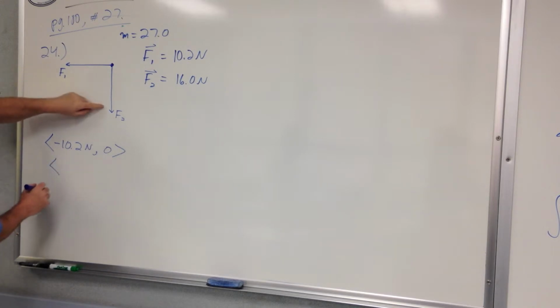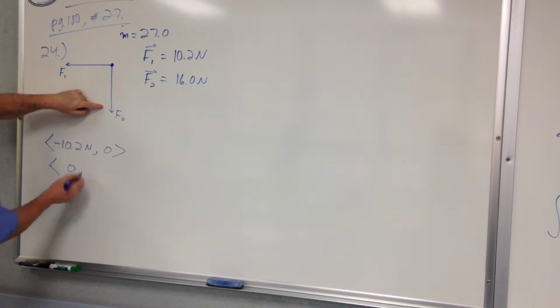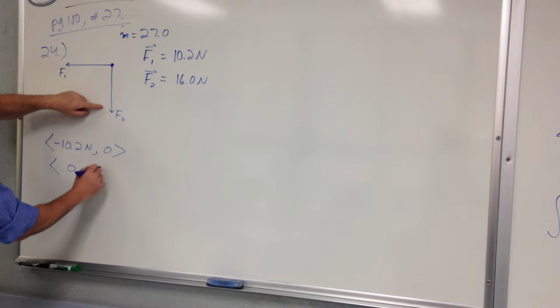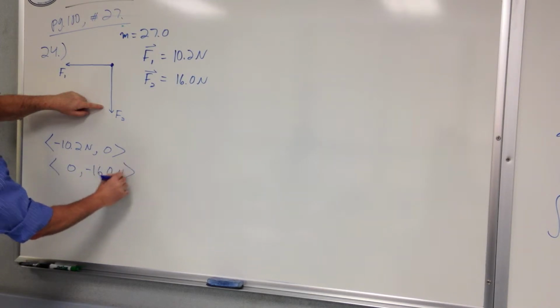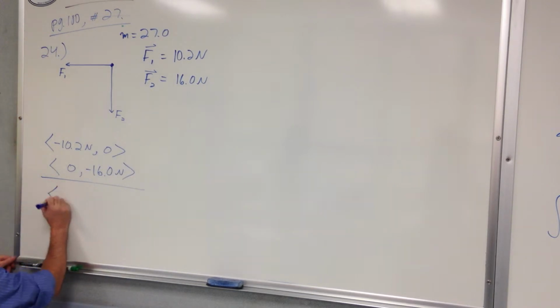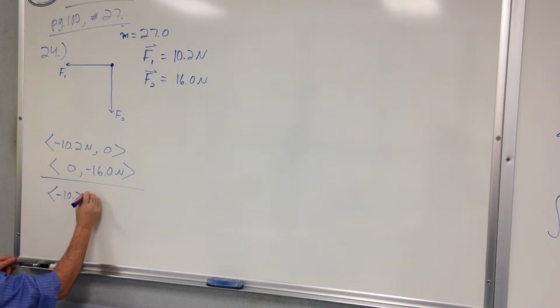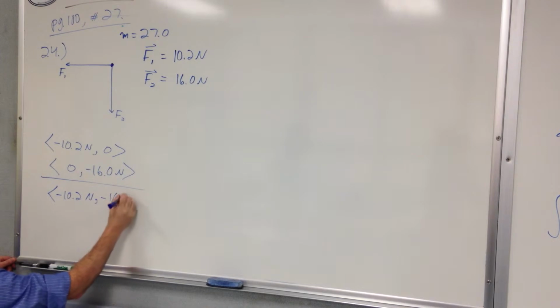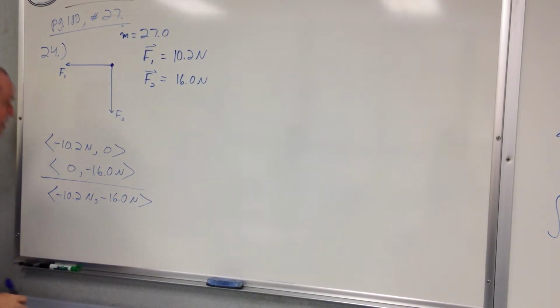And F sub 2 is not going left or right, it's just negative 16.0 newtons going down. So if I add these together, I get negative 10.2 newtons, comma, negative 16.0 newtons, just adding their components. You guys with me so far?